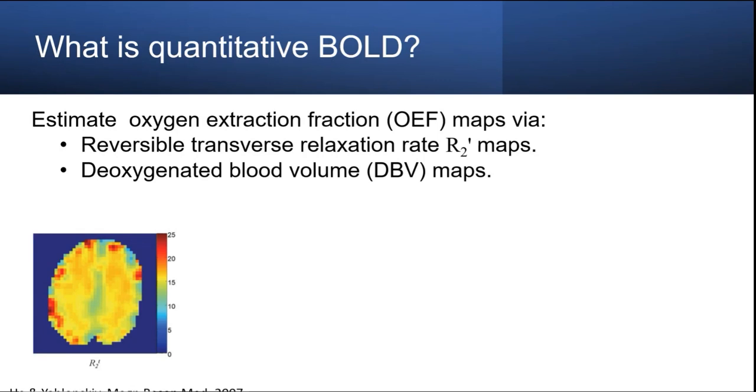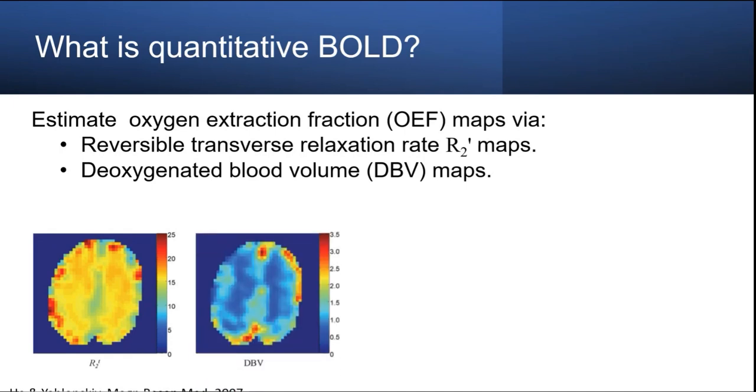Whilst this paper by Yablonskiy from 2007 was not the first quantitative BOLD paper, it's one which shows the principle very clearly and developed a much more elaborate model than the earlier works. So we have some measurements of the R2 prime. In this case, we can see in this deoxygenated blood volume map that we've got contrast between the white matter and the grey matter, which you'd expect, a lower blood volume in the white matter.